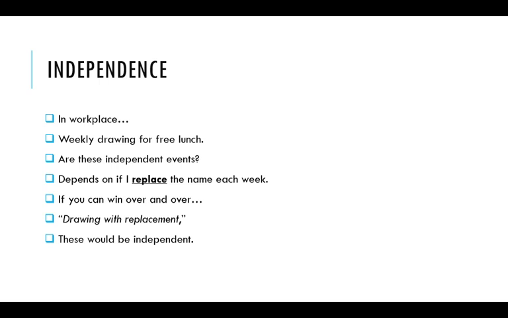They are independent over time, right? Probability of pulling Bob's name in the first round doesn't affect the probability of getting Bob's name in the second round. And the fact that Bob won the first round doesn't change the probability that we draw Susan's name. It's all independent. So by the same logic, drawing a male this week tells us nothing about if we're going to end up with a male or a female being drawn next week.